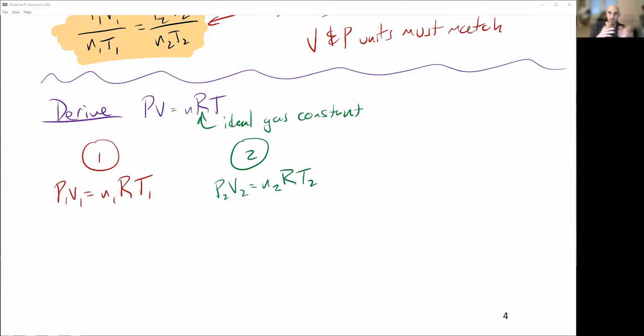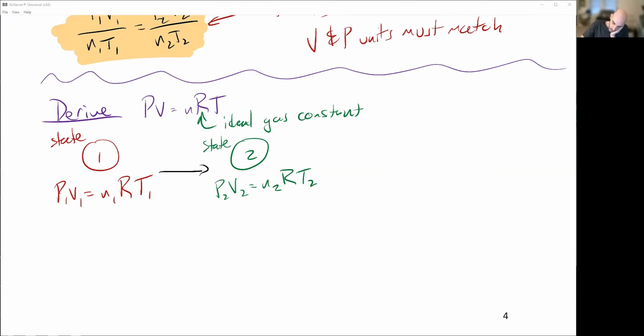So two different conditions. I start with state 1, I heat it, I change the volume, I increase the pressure, I do all sorts of things to it to get to state 2, right? So this transition happens.